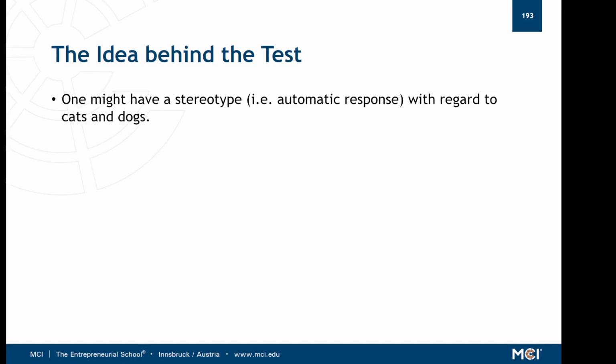That is why you theoretically should have responded faster to something, for example associating cats with cuteness, than associating dogs with cuteness. If you're faster in associating cats with cuteness, then you have a kind of stereotype. You need much less time to associate a cat with cuteness than a cat with ugliness, or a dog with cuteness and a dog with ugliness.